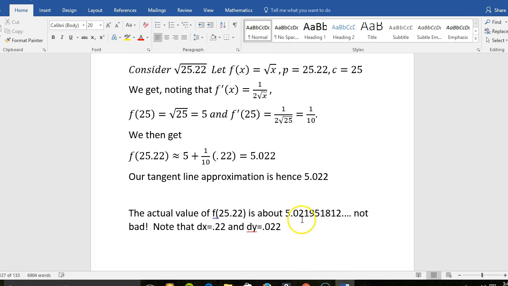It goes on forever with no repeating pattern. That's what an irrational number does. But you get 5.0219, and that's pretty close to 5.022. So we got a very nice tangent line approximation here. And if your professor wants the differentials, dx is 0.22, whereas dy is 0.022.